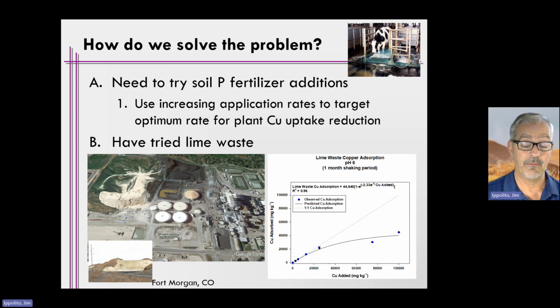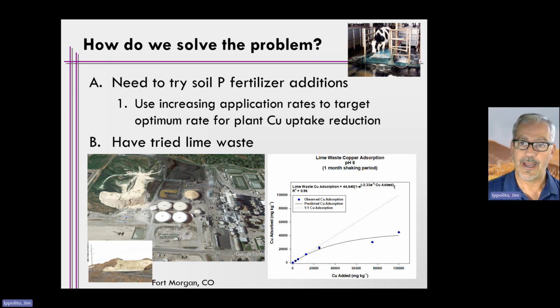I was about to try this when I left this position: adding phosphorus fertilizers to this soil to reduce the uptake of copper into the plants by simply binding copper to phosphorus. It says use increasing application rates to target the optimum rate of phosphorus fertilizer for plant copper uptake reduction. That's where we were going with some of the research.